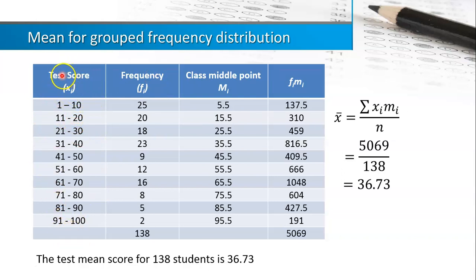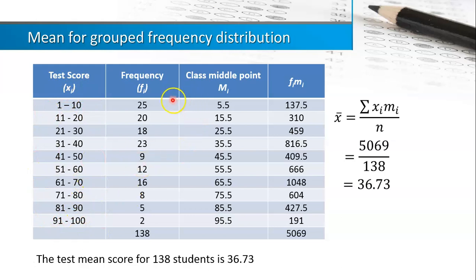You only have the classes, so the only way is to estimate. You have to calculate the class midpoint. For the first class, the midpoint is 5.5. For this one, 15.5, and so on. This midpoint represents the score for this interval or class.